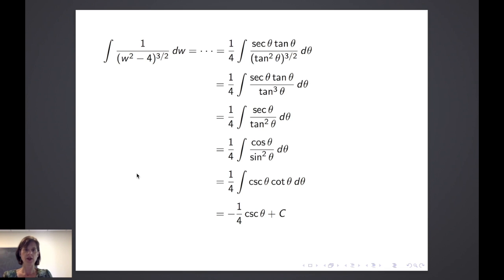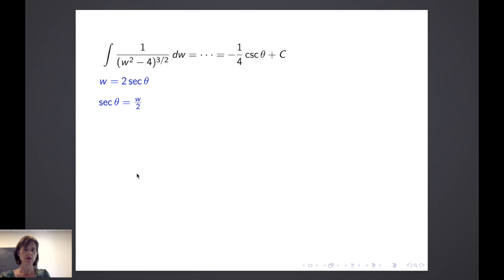I started with an integral in terms of w. I'm ending with an integral in terms of theta, so I have to do a back substitution. Again, returning to the start of our substitution with w is equal to 2 secant of theta. So secant of theta is equal to w over 2. Secant of theta in a right triangle is hypotenuse over the adjacent. So I can label a triangle, use the Pythagorean theorem to complete the length of the third side, that side that's opposite theta.